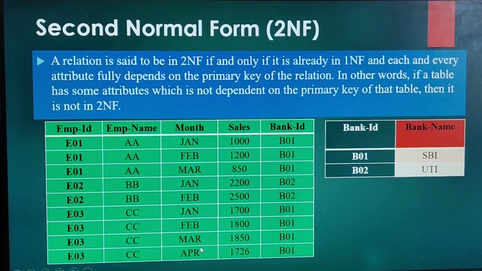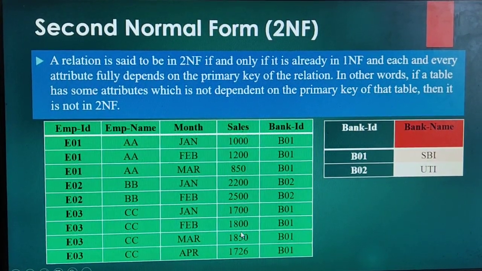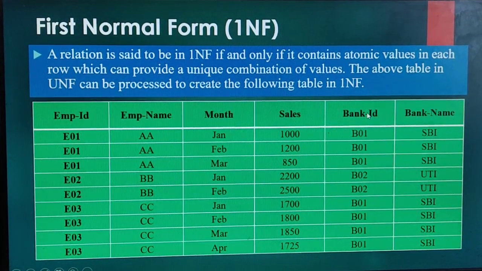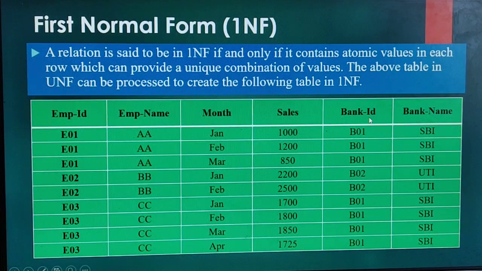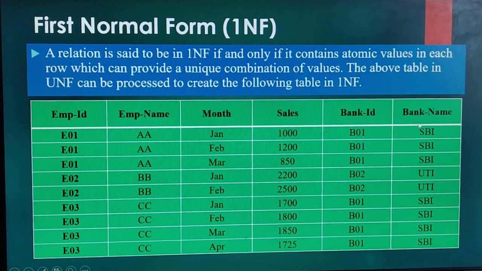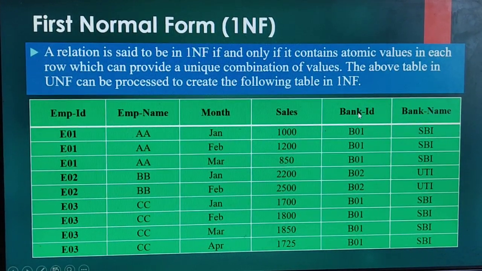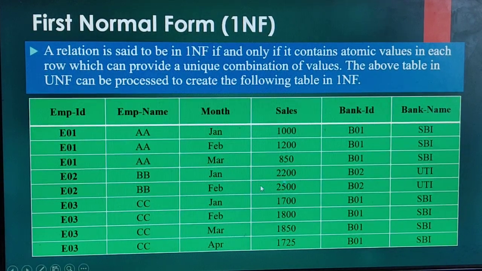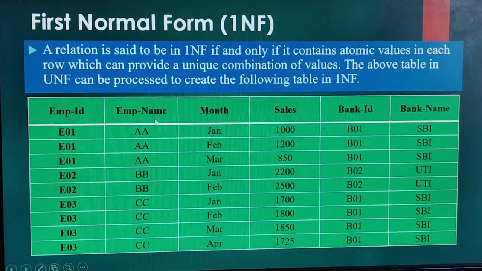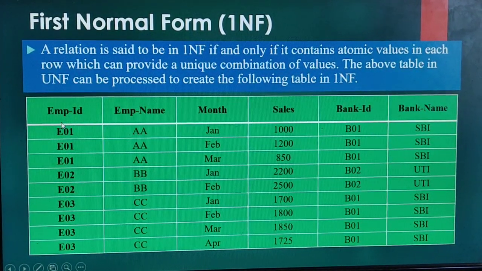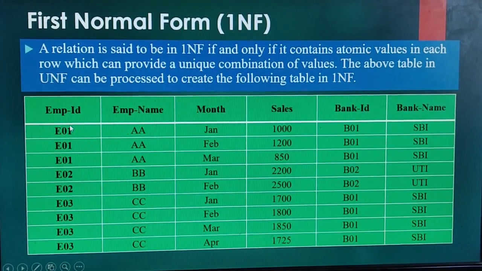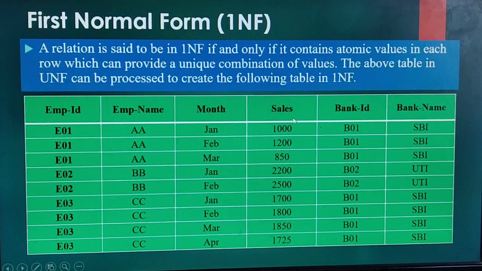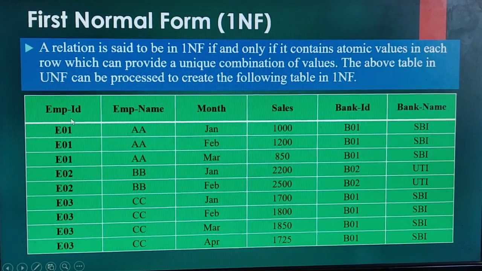Now if you compare previous slides, you will find bank ID is a primary key for bank details, like bank ID and bank name. So bank name is fully dependent on bank ID. Similarly, employee name is fully dependent on employee ID. Sales also depend on employee ID.